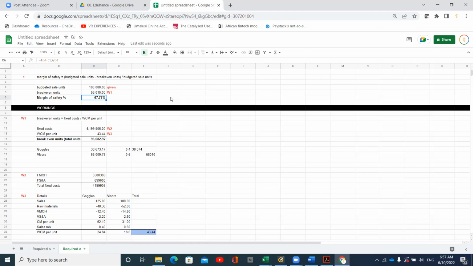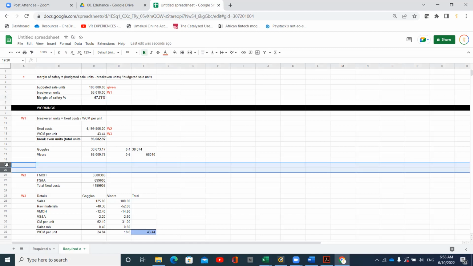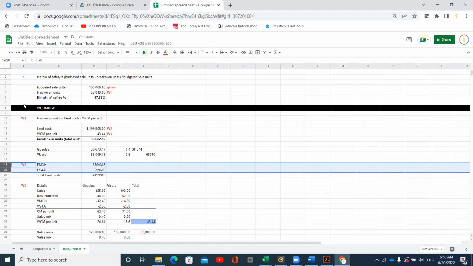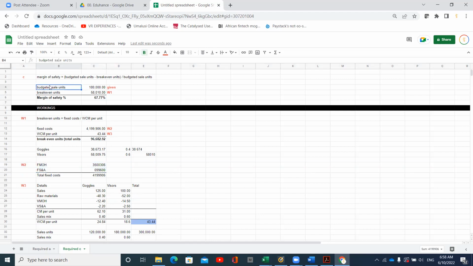So what's important over here to take note of is, what did we do? I started with the end in mind. What do we want? And then from there, we work backwards. We go all the way down till we need all the nitty-gritties. So that's how I identified we have budgeted sales, but then I needed break-even. Then I'm like, okay, I need to calculate break-even.